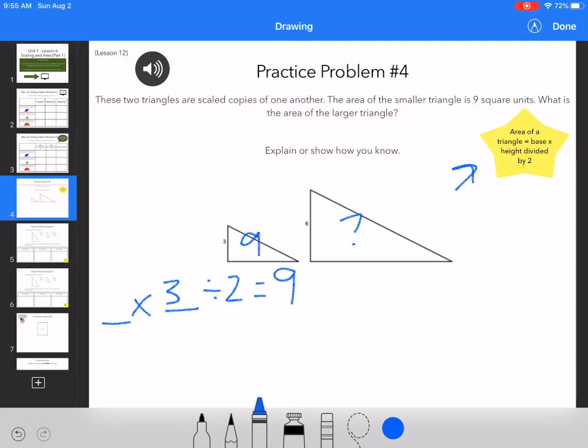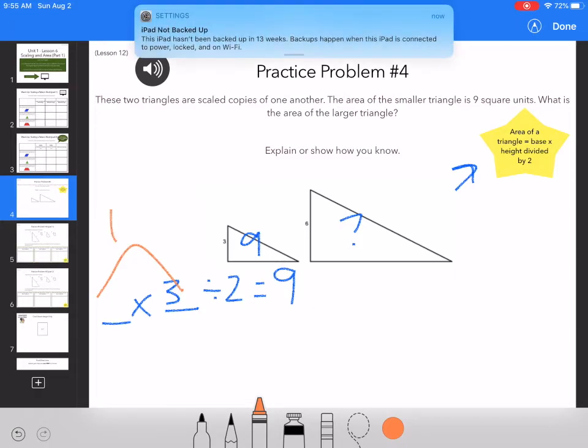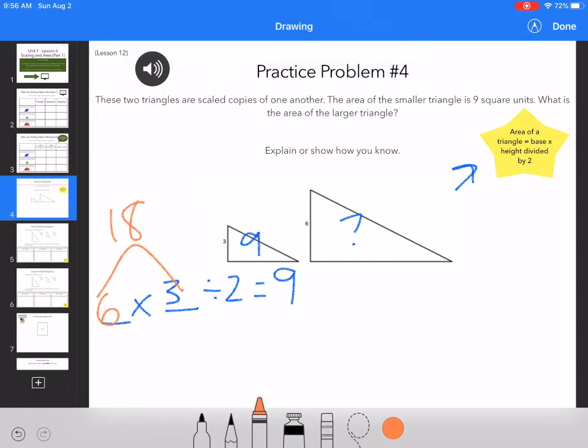So I have to think, what am I going to multiply so that I can divide by 2? I need this right here to equal what so that I can divide it by 2 and get 9? I need it to equal 18. So what does the base of this triangle have to be? 6, because 6 times 3 is 18. 18 divided by 2 equals 9. So the base of my triangle is 6.